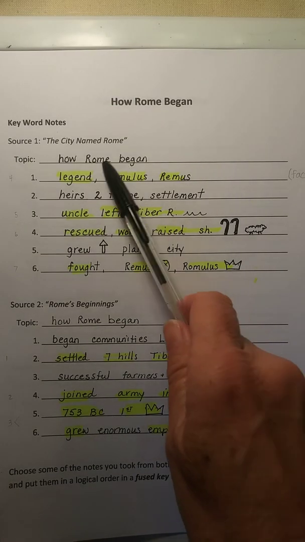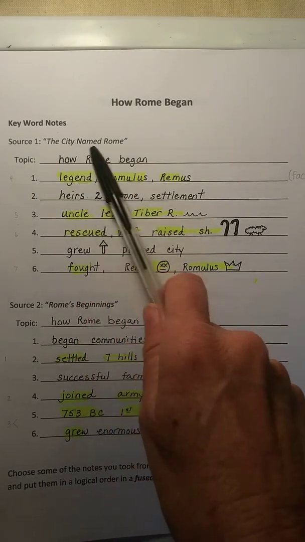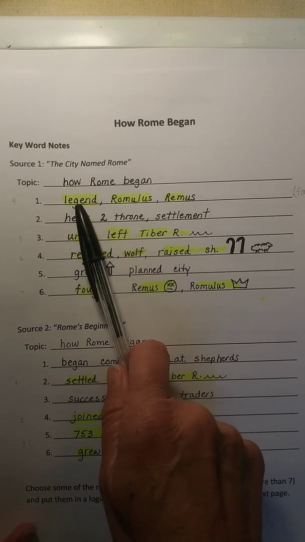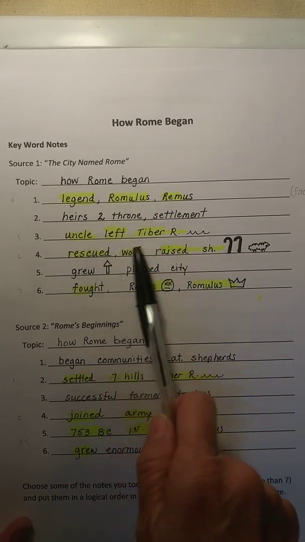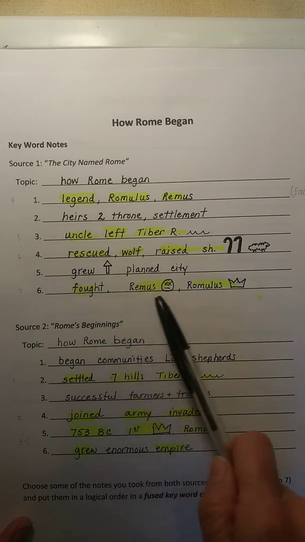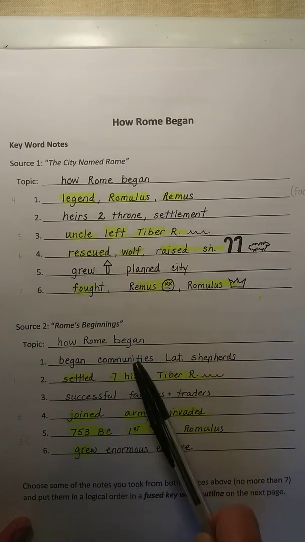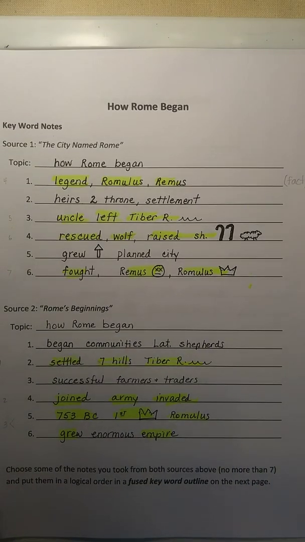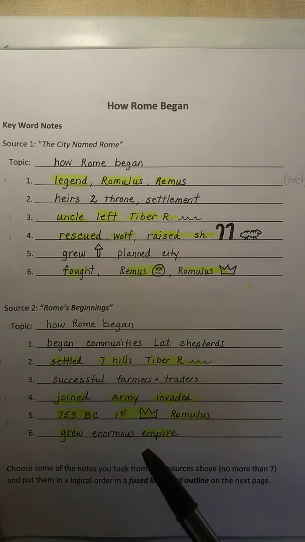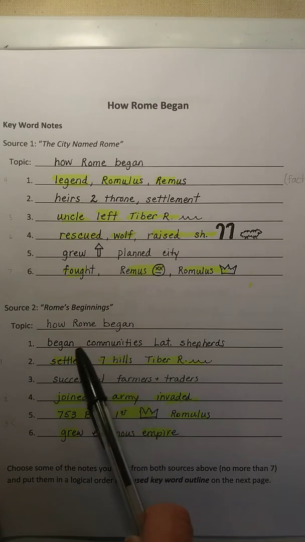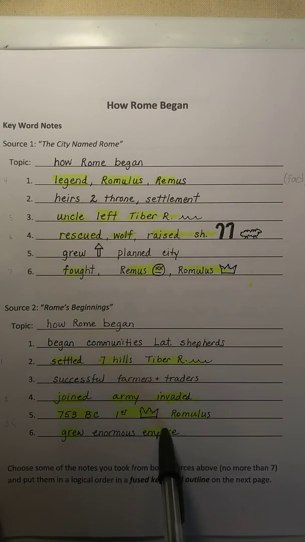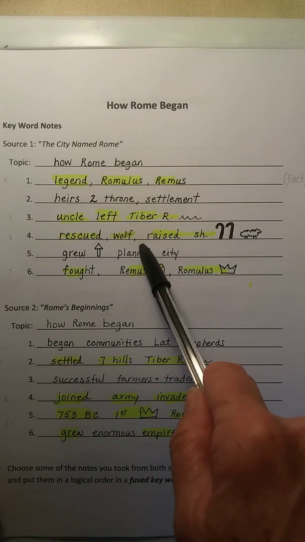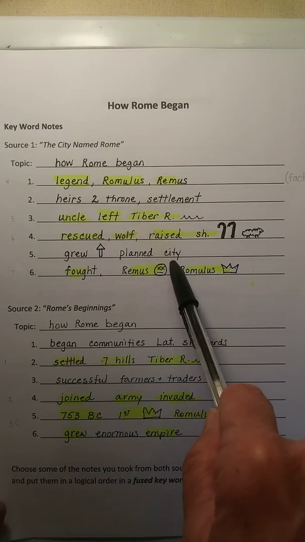So we'll take the notes from the first source text, the city named Rome, and what I did was I highlighted the information that I want to include from this source text, and then I highlighted the information I want to include from this source text. Now in this particular paper, we're going to put this information first, because this is the factual information, and then we're going to come in with the legend part at the end.